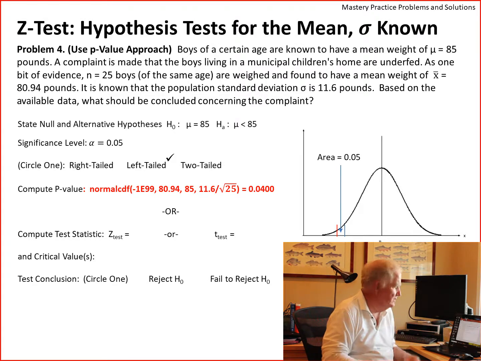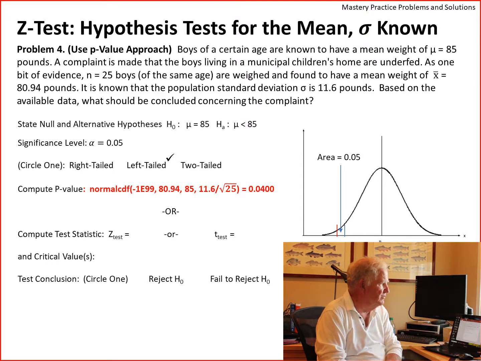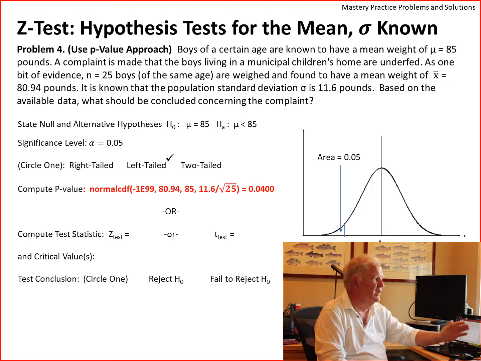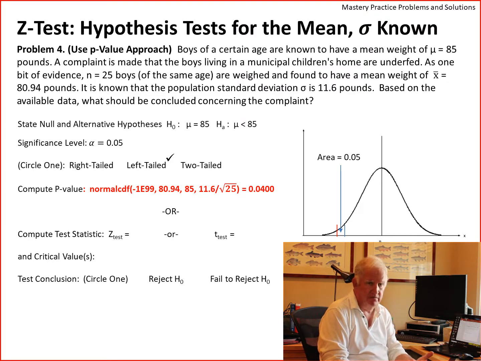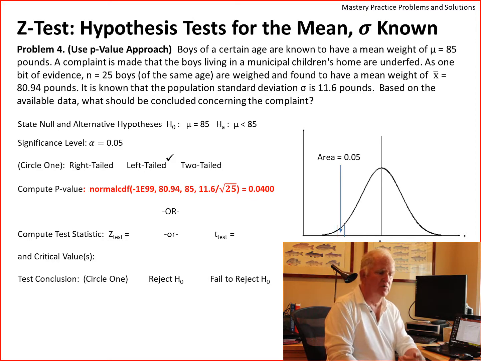Okay, so we've got 0.04 drawn there, and the area under the curve to the left of that red line is the p-value. And note that it is an even more extreme result than alpha is. And we've said alpha is where we're going to essentially draw our line in the sand.